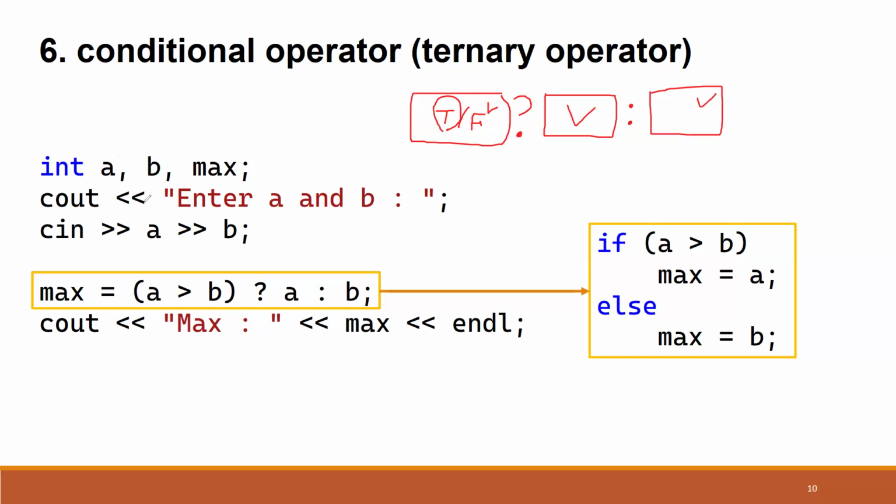So get two numbers A and B. If A is greater than B, then A will be assigned to max, if this is true. I think you understand this one. If it is false, then B will be assigned to max. So the computer will find the max number between A and B. This is called the ternary operator.